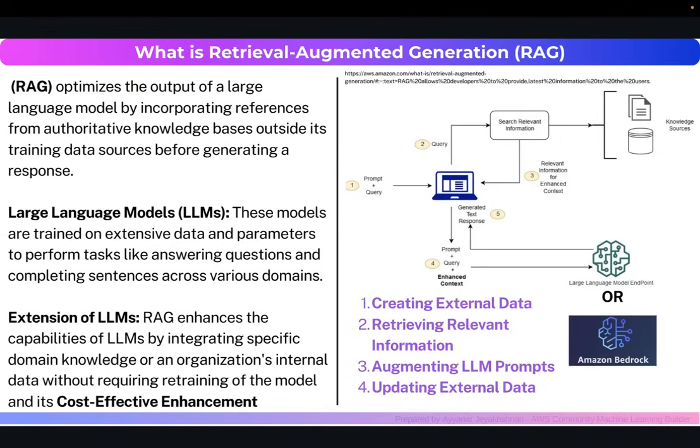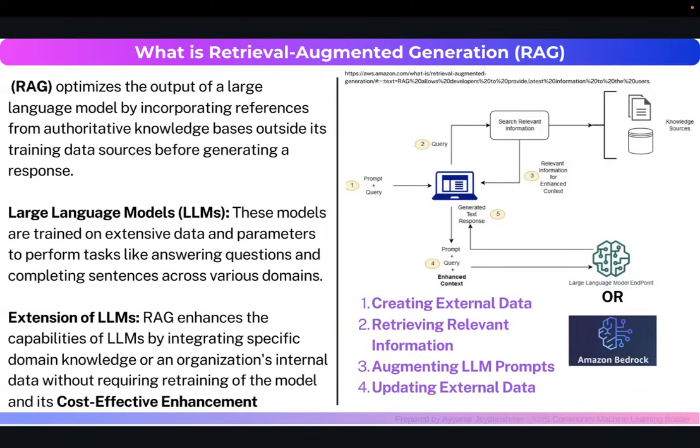At a high level, the process is that you connect with the external data. The data can be anywhere. It can be on S3, or it can be your database, or it can be your knowledge source like Confluence or anything. The first step is we need to read the data and store it in a vector database or any kind of vector format.